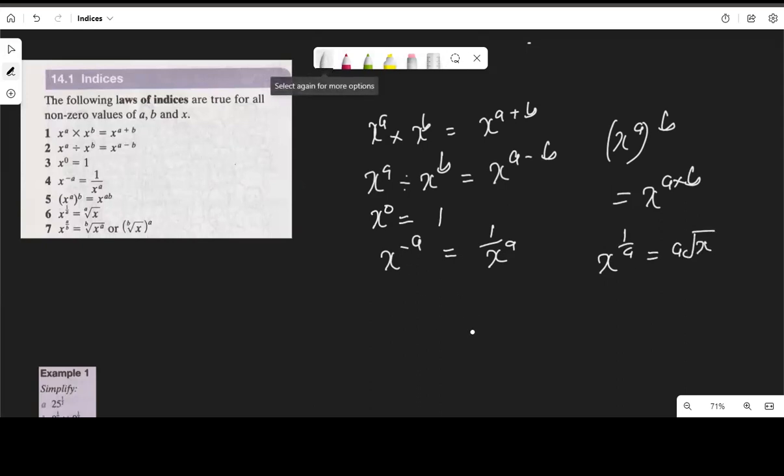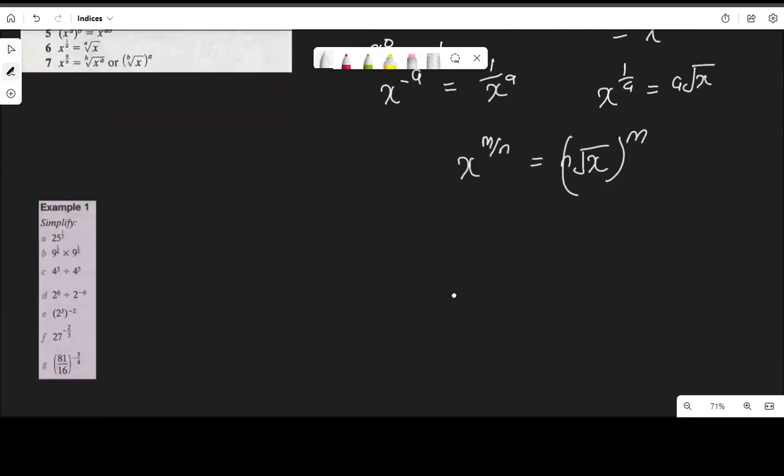The last law, permit me to use n here instead of what we have here: x to the power of m over n is the nth root of x to the power of m. We're going to use these laws to solve problems.